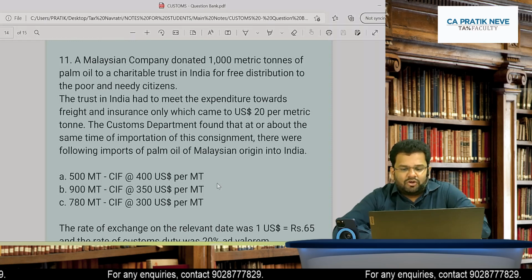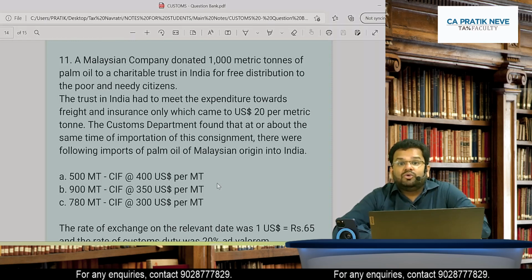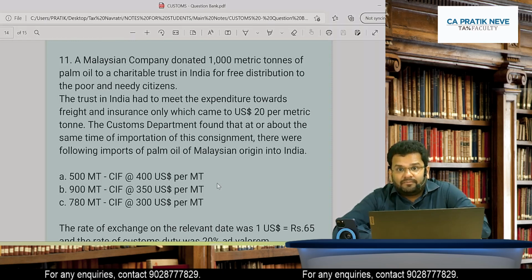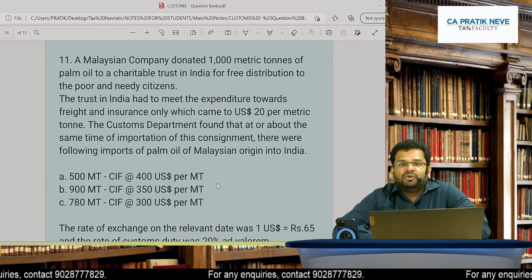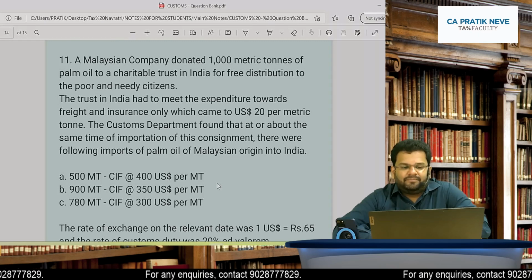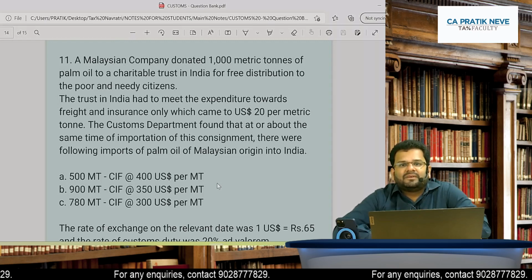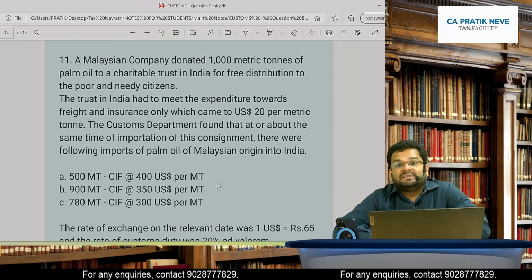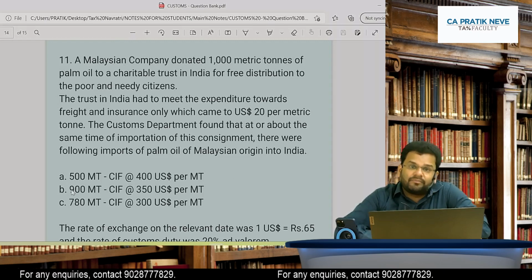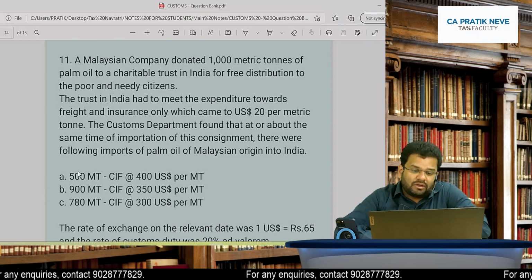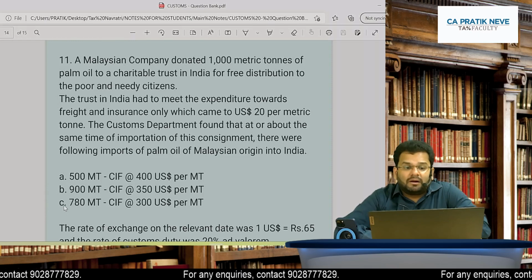Now friends, what you have to do is select which is reasonably in the same quantity. You don't have to select which is most near. It's nothing like that. You have to just select reasonably the same quantity. So you may select all also. You might feel 500 is okay, 900 is okay, 780 is okay, compared with 1000.